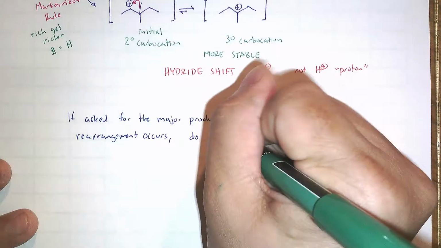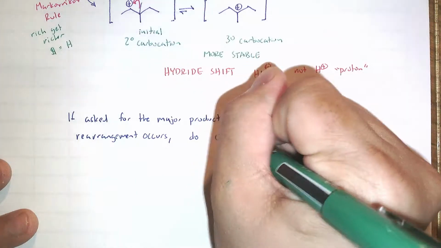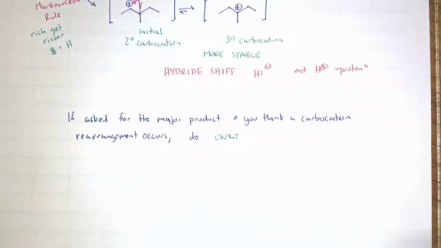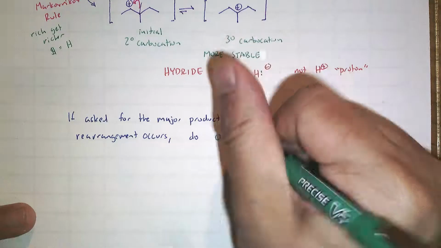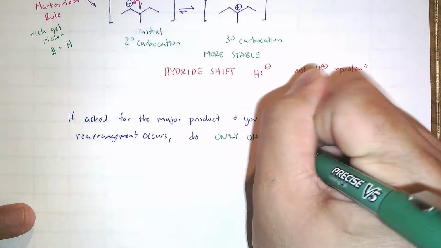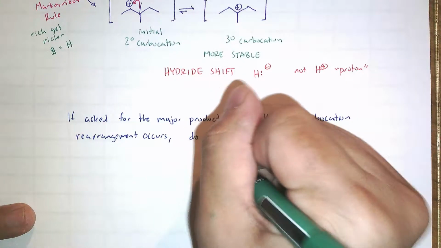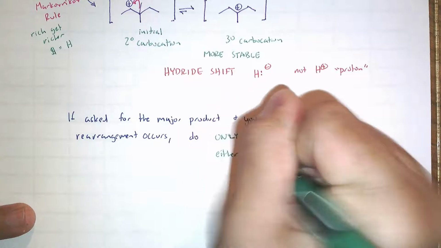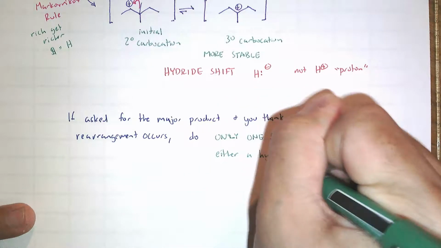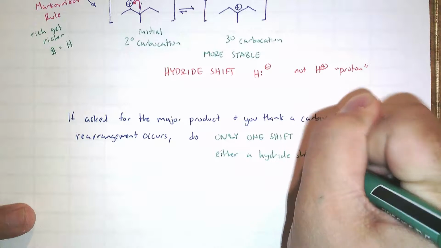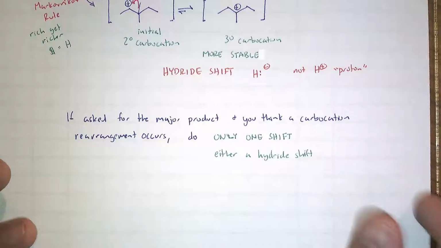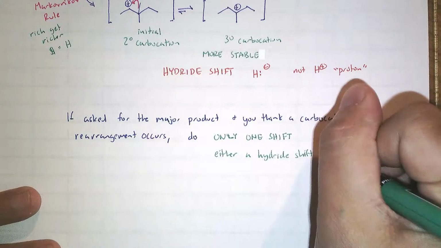And if that one shift doesn't get you a better carbocation, then don't do the shift at all. Okay? Do only one shift, and that shift can be either a hydride shift, which we just did, or the other most popular shift, which is called a methyl shift.